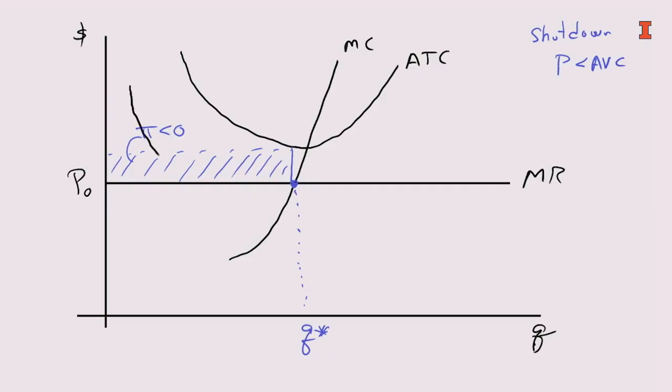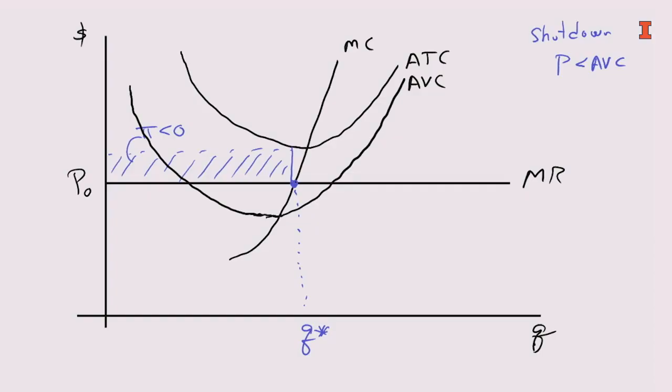So I can draw it right here. Remember that the average variable cost and the average total cost asymptotically converge to each other because at very high outputs, average fixed cost is getting really, really small. But that's not important right now.